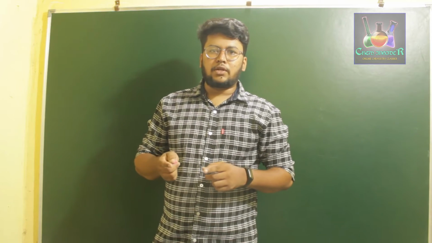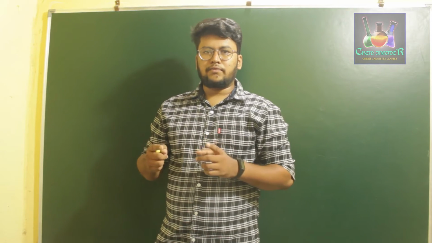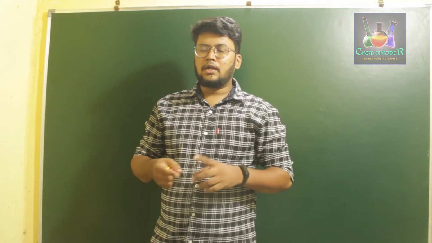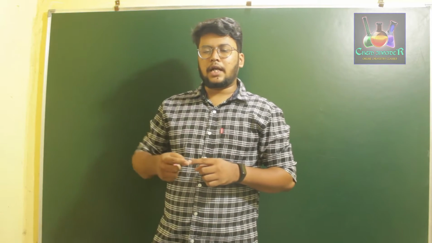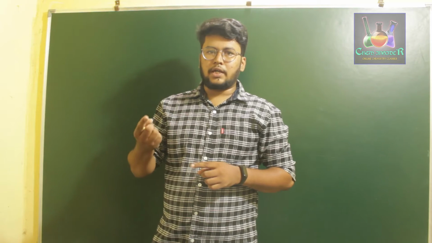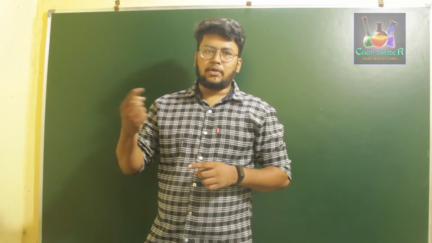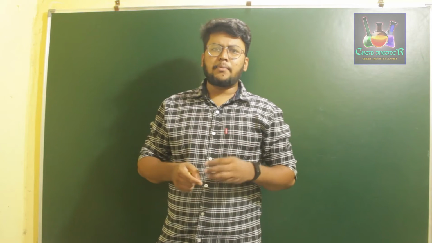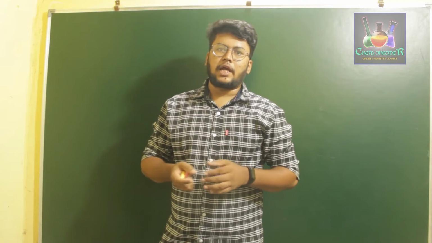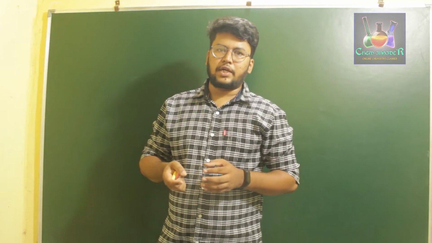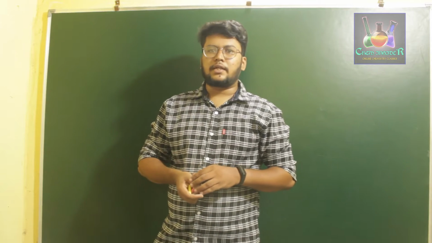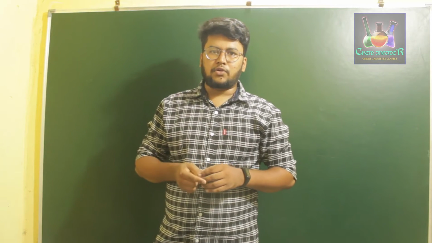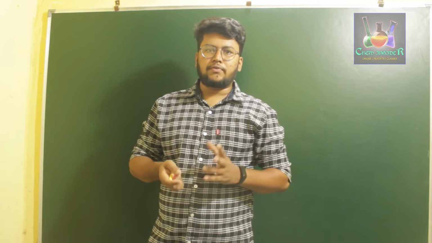In the second point he said that the energy of a particular orbit does not change with respect to time, but the electron can jump, getting excited from a lower level to a higher level, or dropping from a higher level to a lower level. In the third point he gave the expression for calculating the required frequency in order to get excited from lower to higher or higher to lower. And in the fourth point he said that the angular momentum of the electron is equal to integral multiples of h by 2 pi.